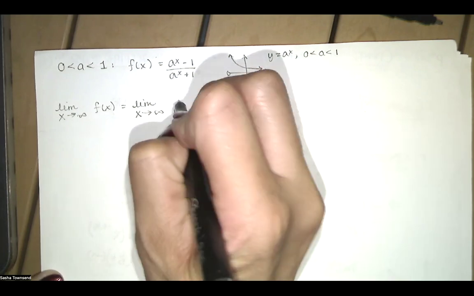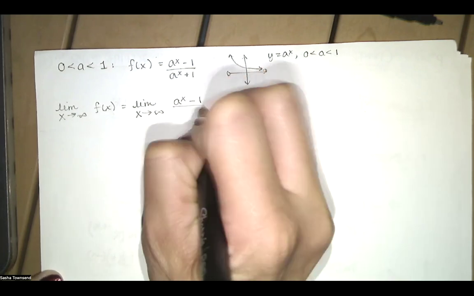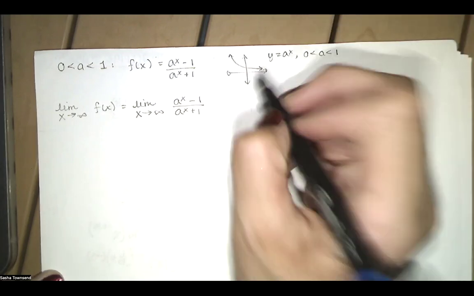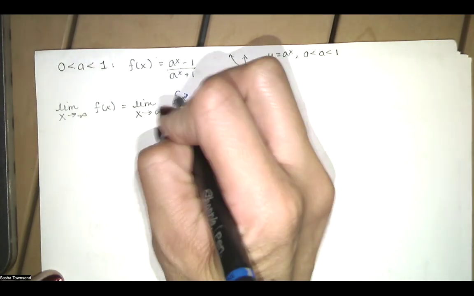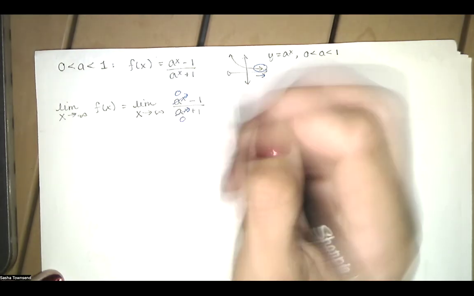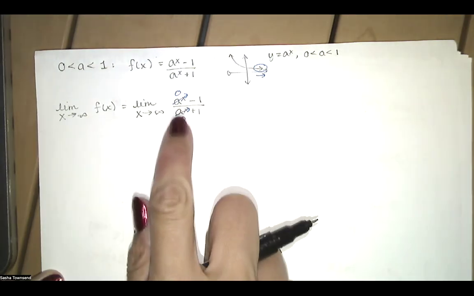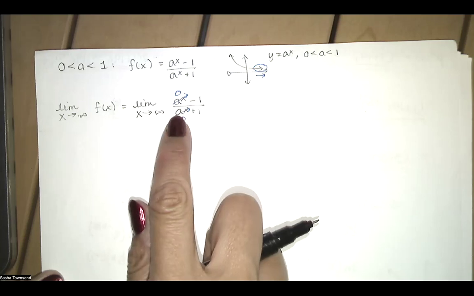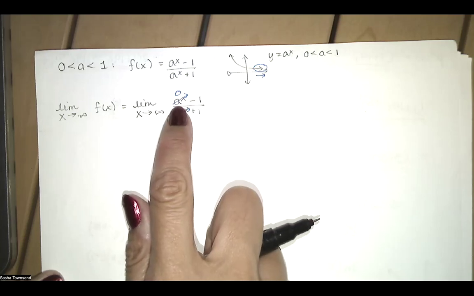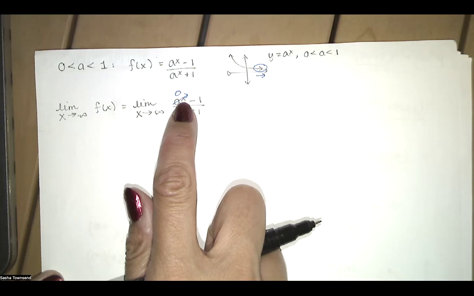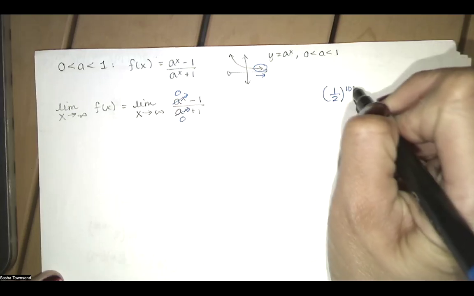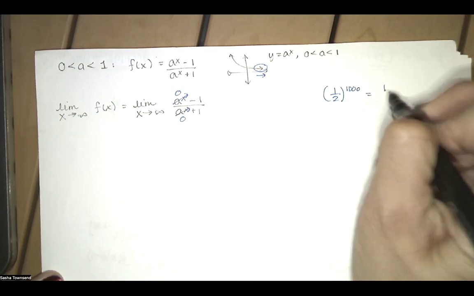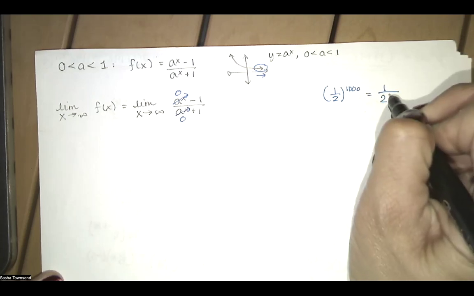So if I'm looking at this as x goes to infinity now, what happens to the y values on my graph? As x goes to infinity, the y values are approaching 0. So this is going to 0 and this is going to 0, again because our a is a proper fraction. If I take 1/2 and raise it to a really large power, 1/2 to the 1,000, that's like 1 to the 1,000th over 2 to the 1,000.